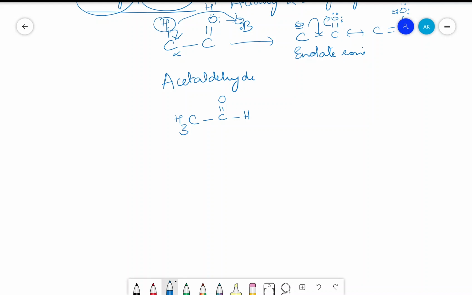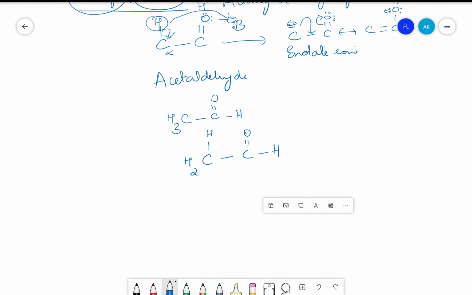Or we can also write this acetaldehyde in this way: CH2 H, C double bond OH. This is also acetaldehyde. This is your functional group. This will be the alpha carbon, and the hydrogen attached to it is alpha hydrogens. Here we have three alpha hydrogens, two here and one here.